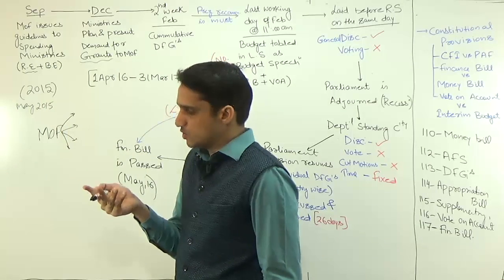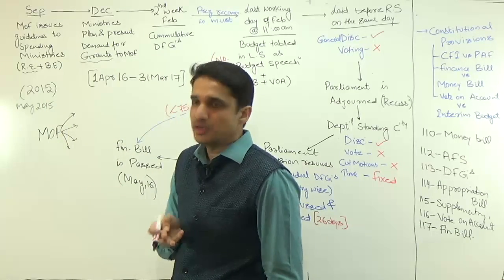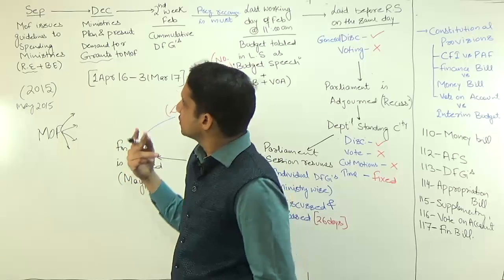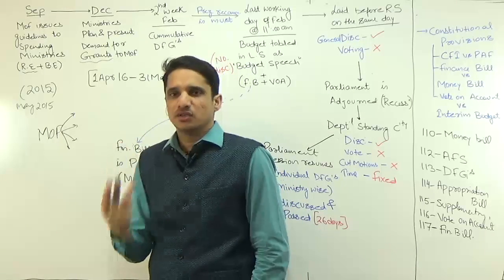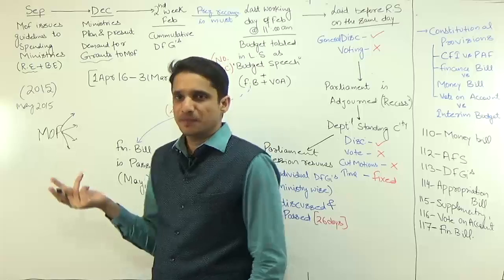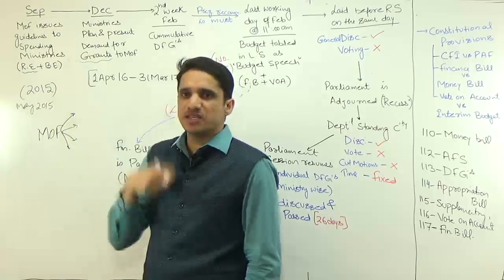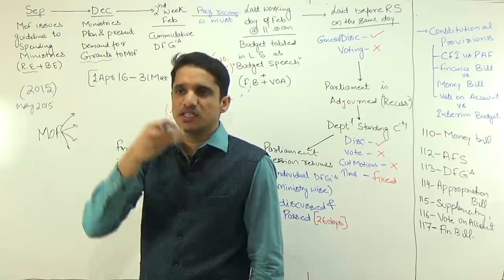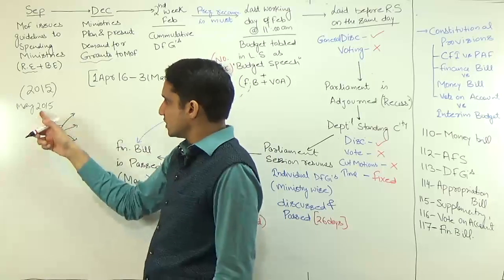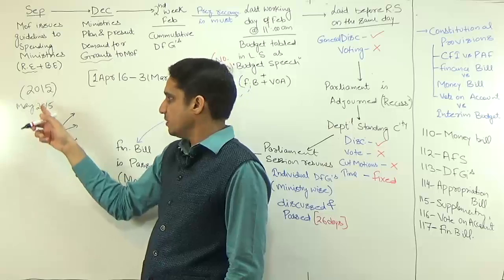So April, May, June, July, August and September. Six months have already passed, so they will ask you to give the revised estimate, because earlier that budget was passed as per the budget estimate, as the budget is advance planning, and now almost 6 months of the financial year have already passed.